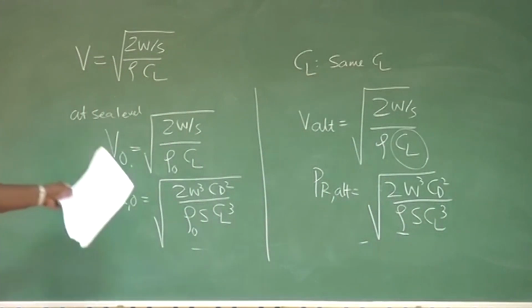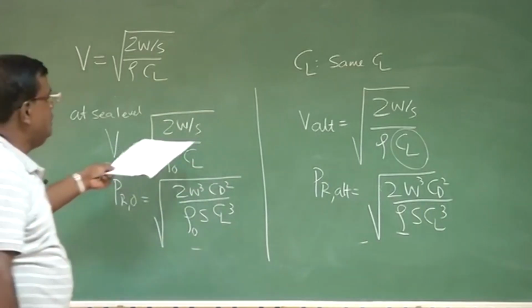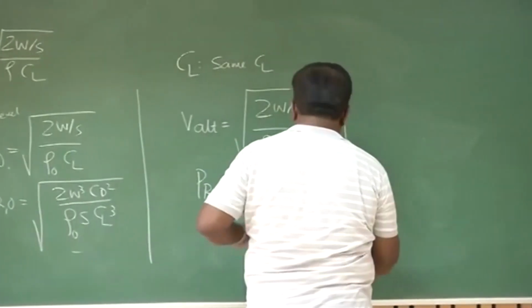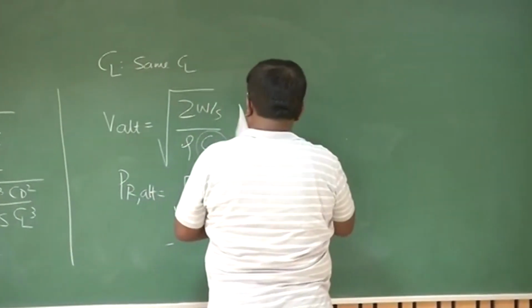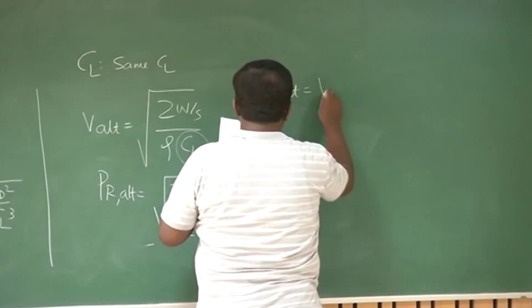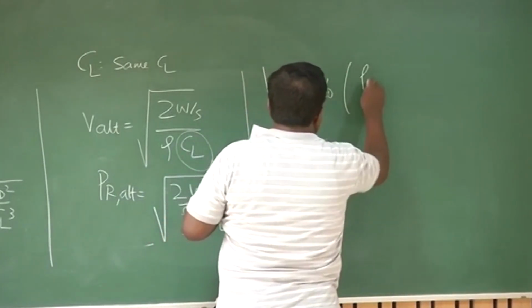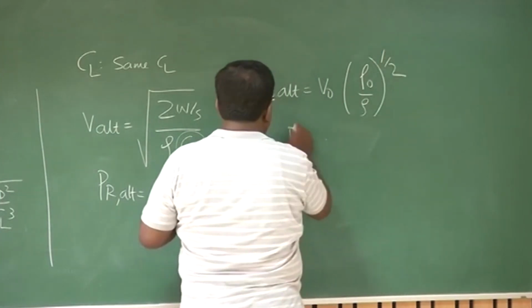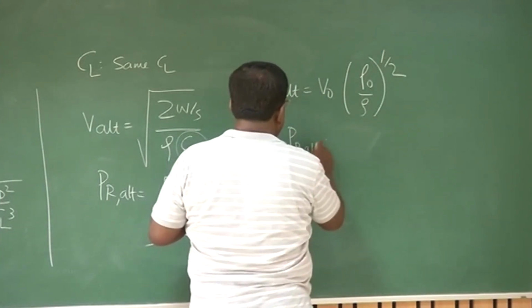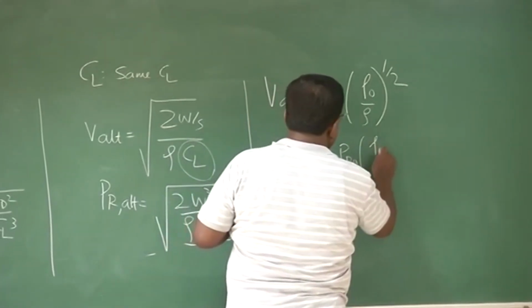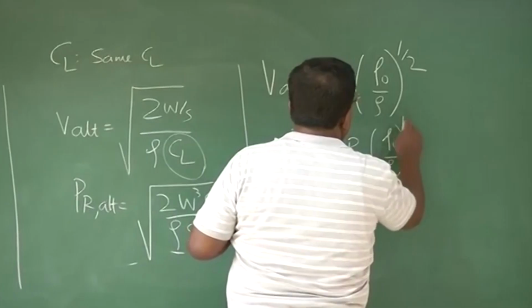So using these two equations, I can write in a combined way V altitude equal to V naught, rho naught by rho to the power half, and power required at altitude is equal to PR naught into rho naught by rho to the power half.